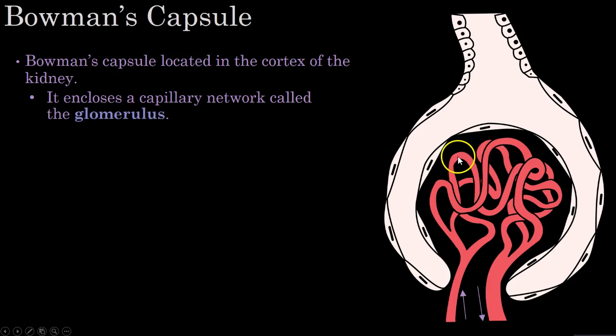And we get filtration of the blood from the Bowman's capsule. Oh, sorry, the glomerulus is this part here, and the Bowman's capsule is this part around here. Sorry, my mistake. So the blood filters from the glomerulus into the Bowman's capsule and then starts making its way through the nephron.